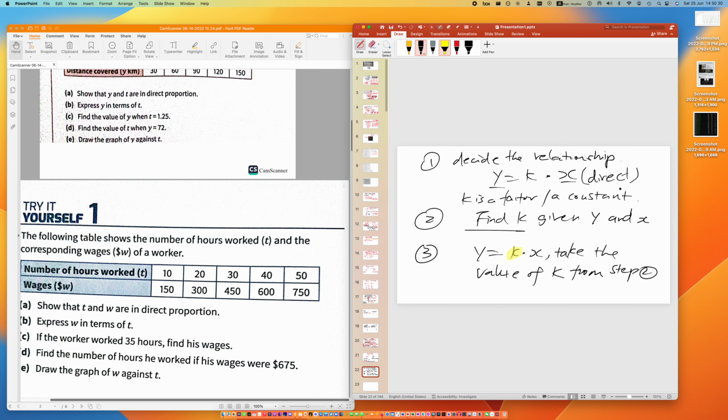K and X? What is K? Factor, or what? Constant. So this is the relationship between what?